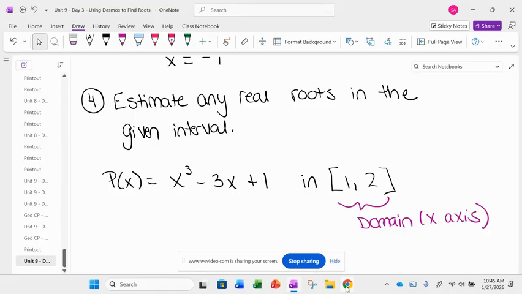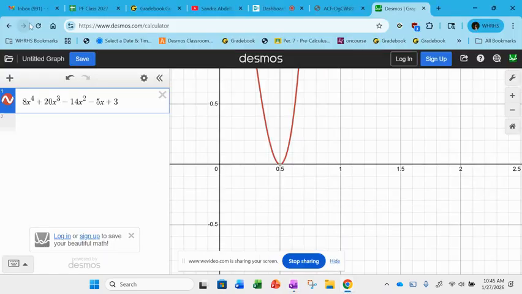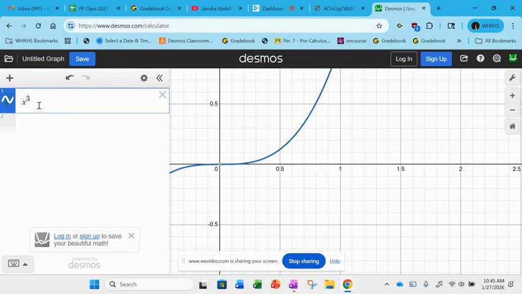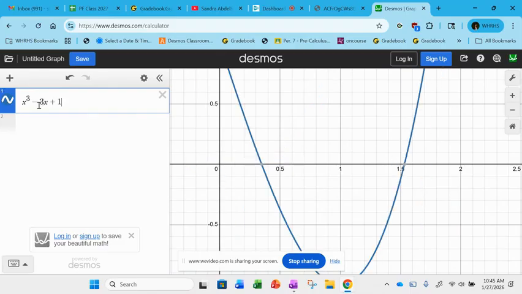So let's go to Desmos. And we're going to have x to the third minus 3x plus 1. But I'm just looking on the interval from, what was it, 1 to 2?